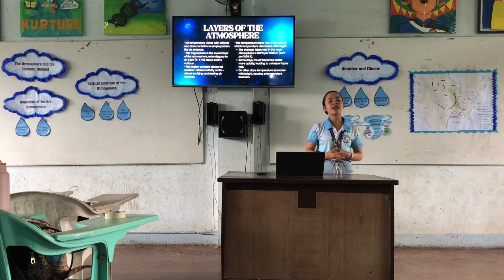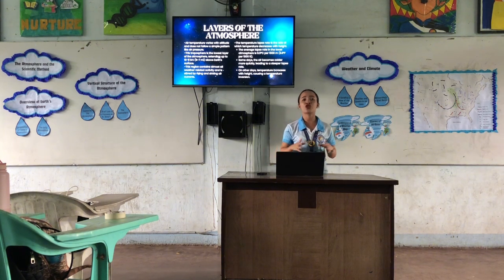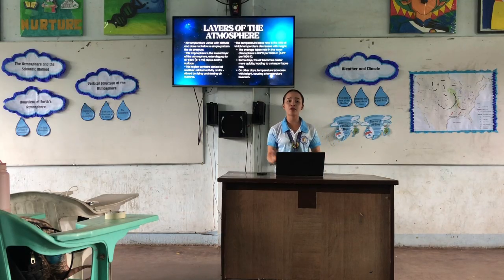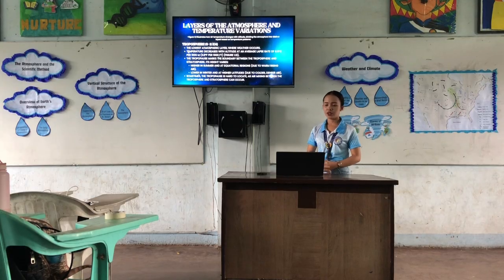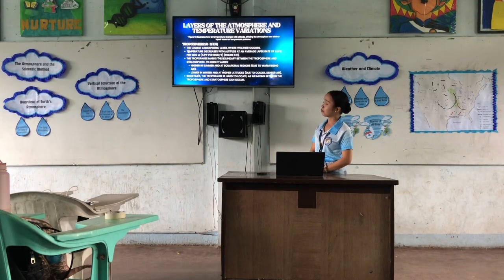So now let us explore the layers of the atmosphere. Unlike air pressure, which steadily decreases with altitude, air temperature changes in different patterns, leading to the division of the atmosphere into layers. The first layer of the atmosphere is the troposphere.